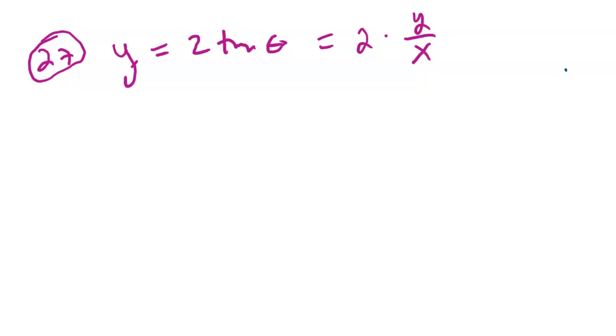All right, so 27, y is equal to 2 tangent theta. Remember, tangent on the unit circle is y over x, or sine theta over cosine theta. You have this definition also. Hopefully your teacher talked about that.